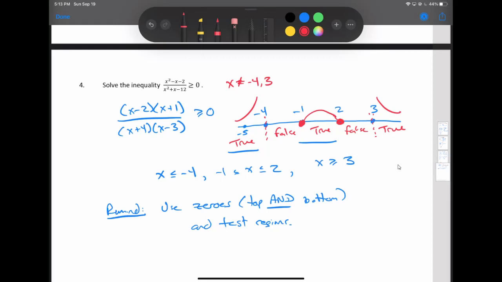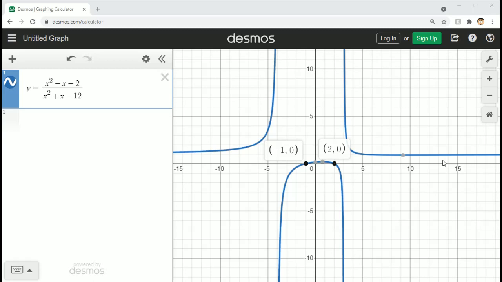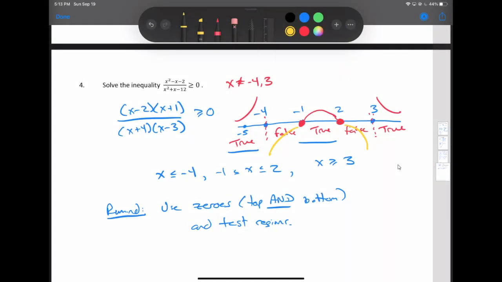I don't know the exact shape, but when I go back, yeah, that's pretty much what it does. And then in between, where it's less than 0, it does something like this. Oops, sorry. Something like the yellow. That's just a horrible drawing, but you get the idea.